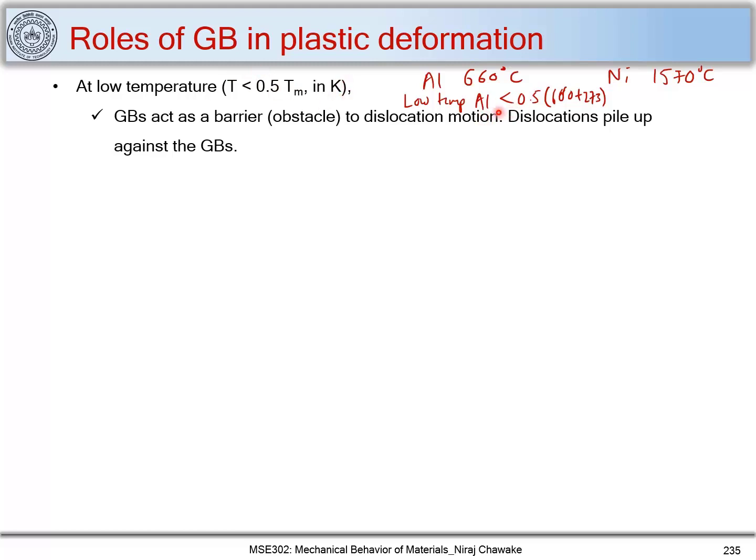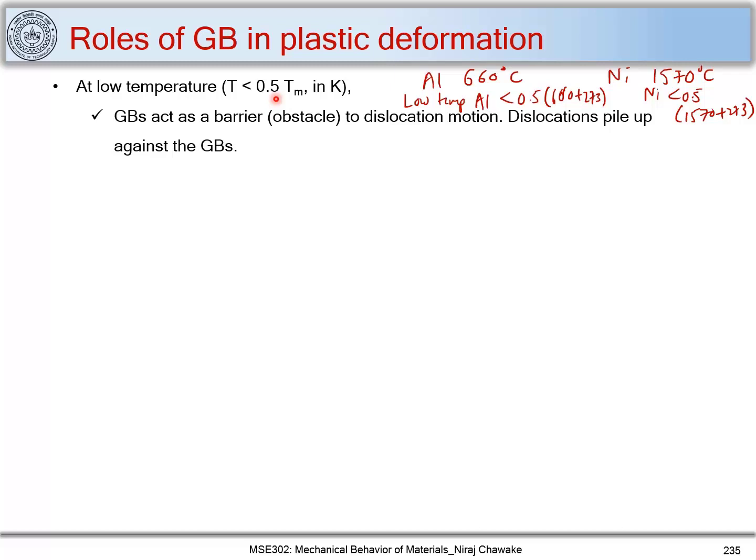This temperature will be a low temperature for aluminium. Now for nickel, it is very clear, it has a very high melting point. So nickel will have a low temperature of 0.5 of 1570 plus 273. You can check these melting points, I'm just roughly writing them over here. So what is a low temperature for nickel is a high temperature for aluminium. Based on its melting point, the low temperature and high temperature are distinguished.